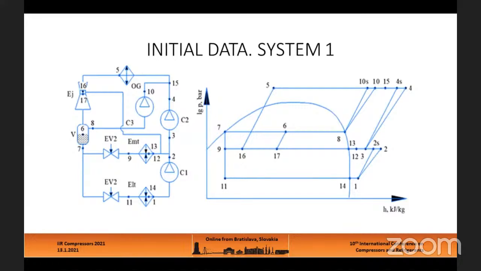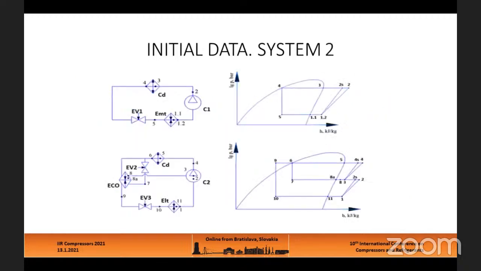We analyze two refrigeration systems for retail application. One of them is a transcritical refrigeration plant with parallel compression and ejector with two temperature levels, low temperature and medium temperature level. The second system is a well-known system consisting of two independent systems.